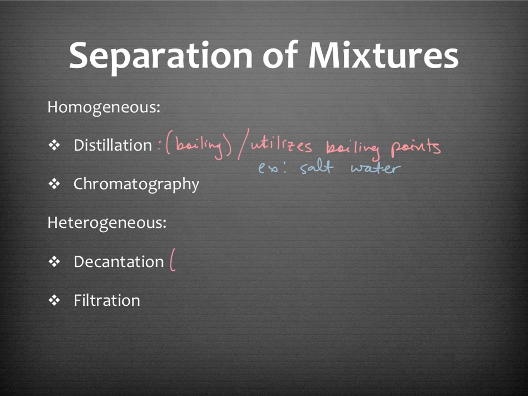So decantation is the same as pouring. For an example of that, this is how you could separate oil and water. Those two materials don't mix well, but you could separate the two through decantation.